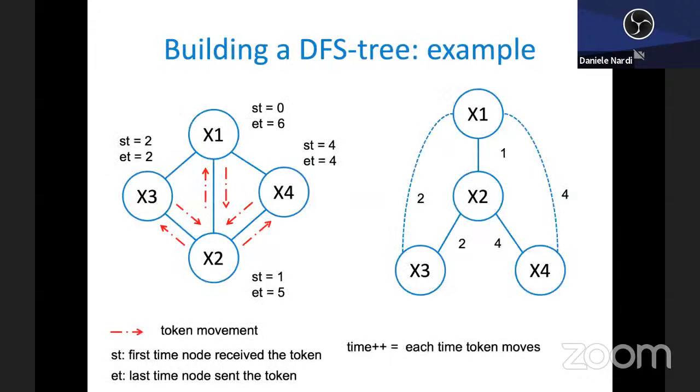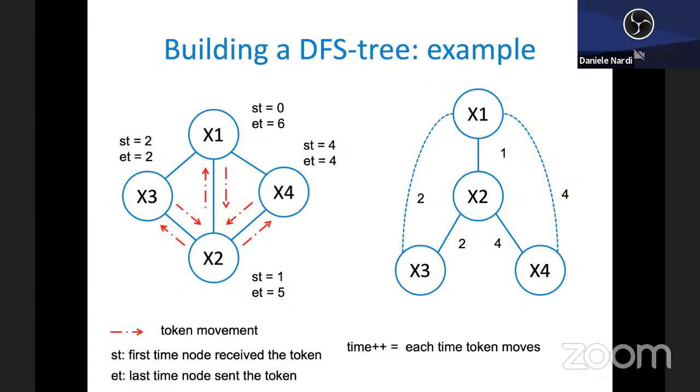Okay, let's look at this example. In this example, which is the same as before, I mentioned that this is our running example. We start the visit from x1, and we choose x2 as the next node to be visited. In fact, this is based on a heuristic because x2 has many more constraints than the other nodes. But let's skip for the moment the fact that it's chosen specifically x2.